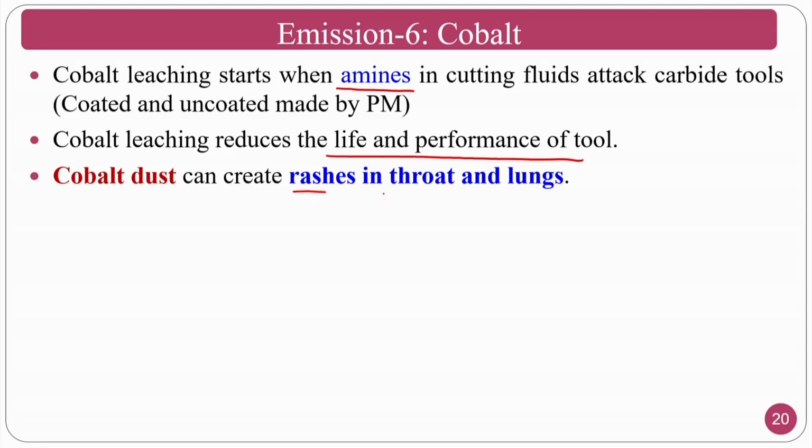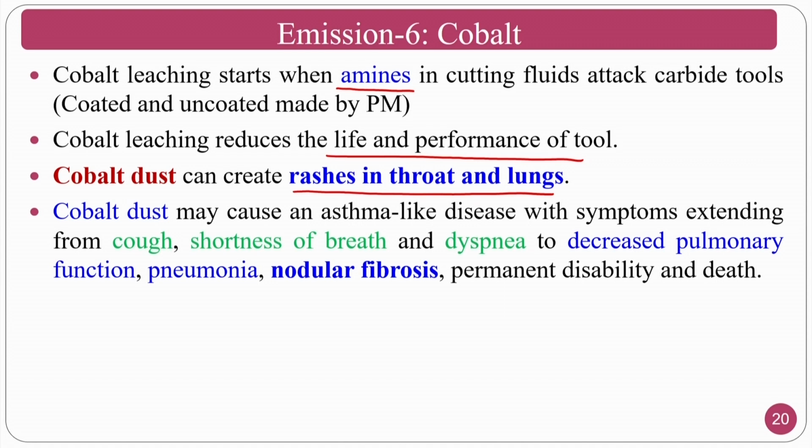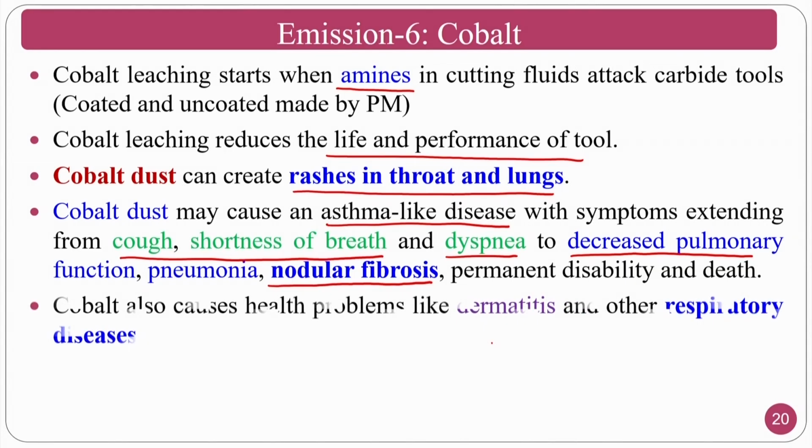If you are making a tungsten carbide single point cutting tool, the cobalt dust creates rashes in the throat and lungs, and may cause asthma-like disease and symptoms extending from cough, shortness of breath, decreased pulmonary function, pneumonia and nodular fibrosis. Cobalt also causes health problems like dermatitis and respiratory diseases.